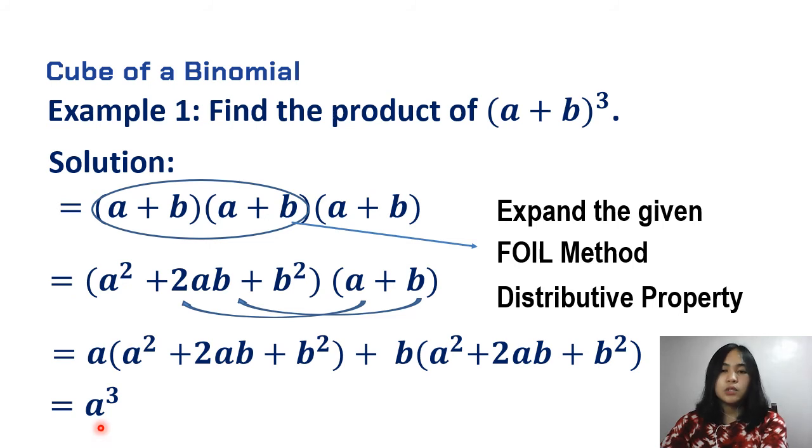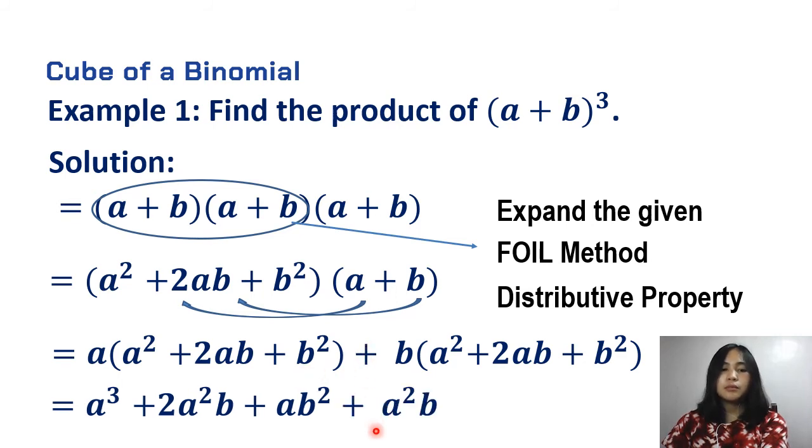That's why nahimo siyang a cubed. Now, si A naman, i-distribute natin sa middle term. So, 2ab times A, si A, duha na po siya. Therefore, nagiging 2a squared b. Now, A multiplied by b squared, nagiging ab squared.